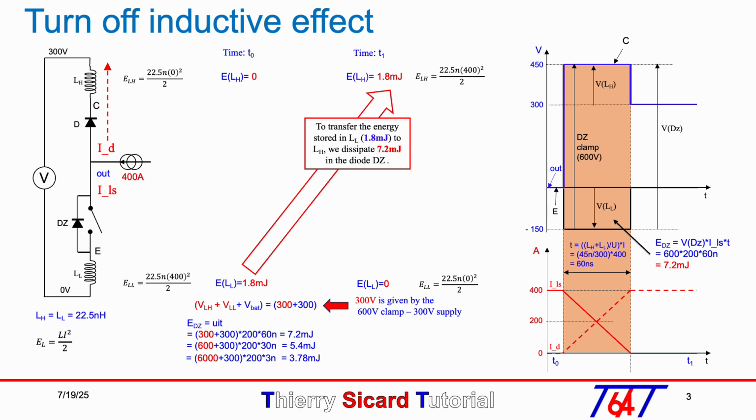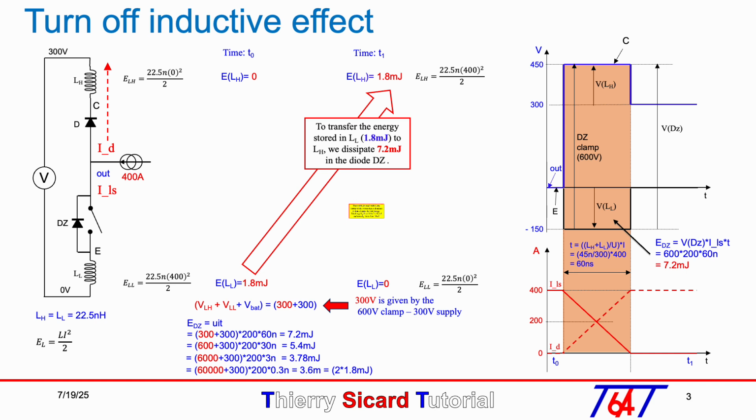Finally, if we increase the clamp voltage to force 60,000 volt on the LL and LH inductances, we will reduce the losses from 7.2 to 3.6 millijoule, which is exactly double the energy stored in each LL or LH parasitic inductance.